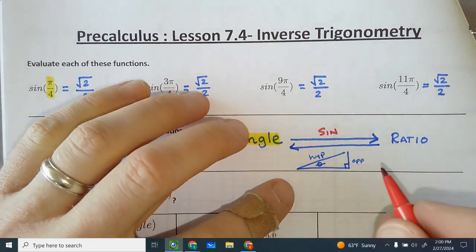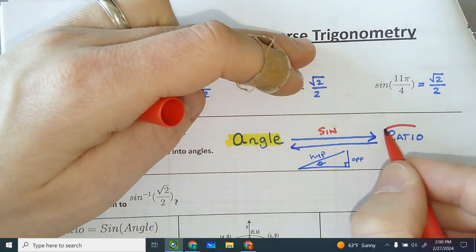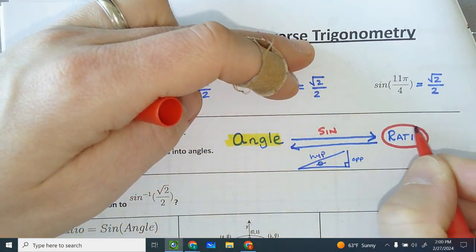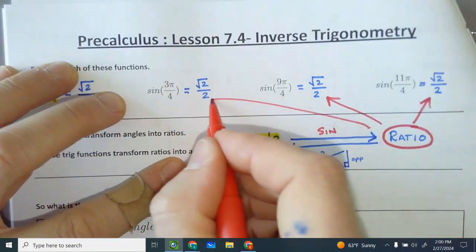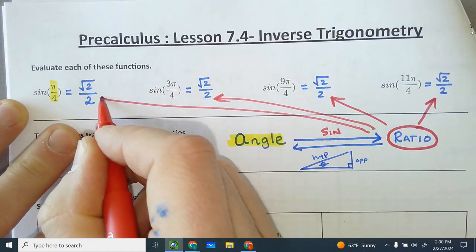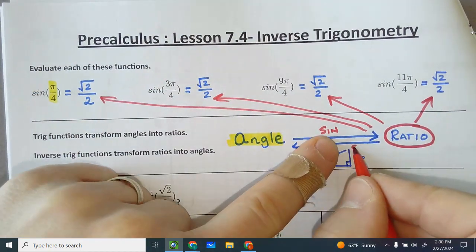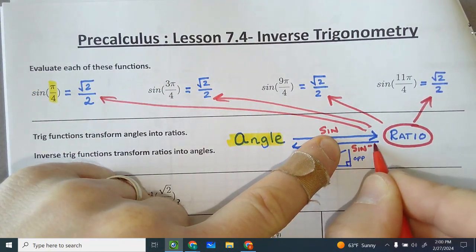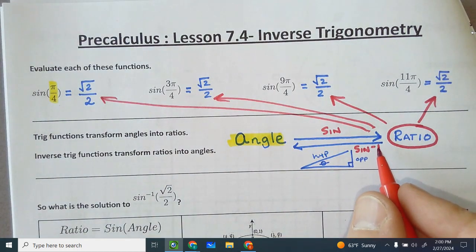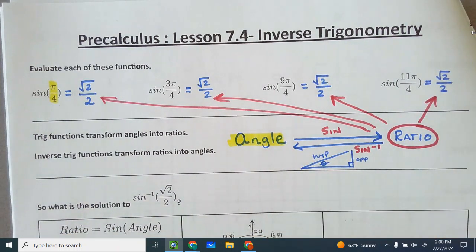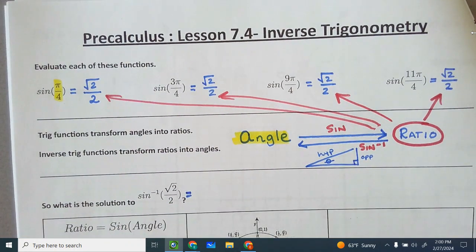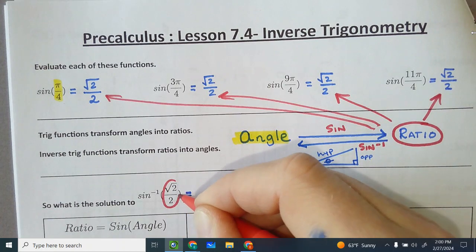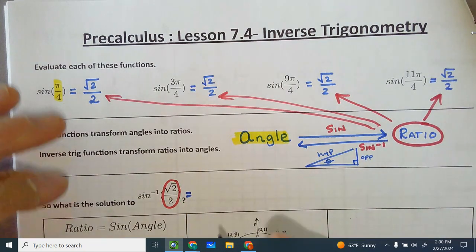Inverse trigonometry says if we start with the ratio, and keep in mind that these are our ratios, inverse trigonometry, with the little -1 there, takes that ratio and turns it into an angle. So the question becomes, if we start with this ratio right here of roots of 2 over 2, what angle is going to pop out?